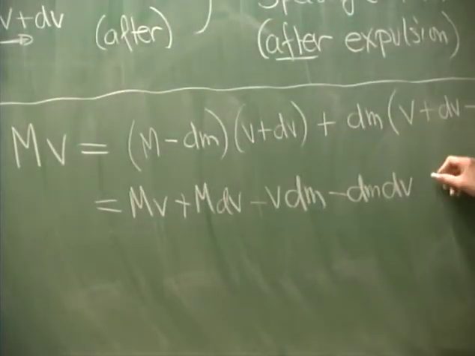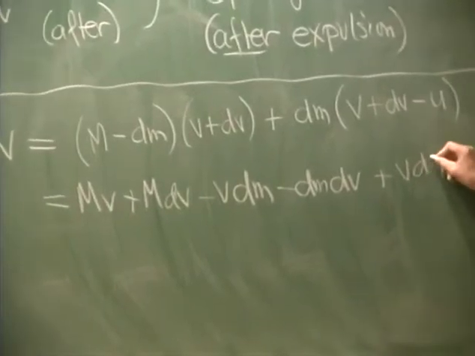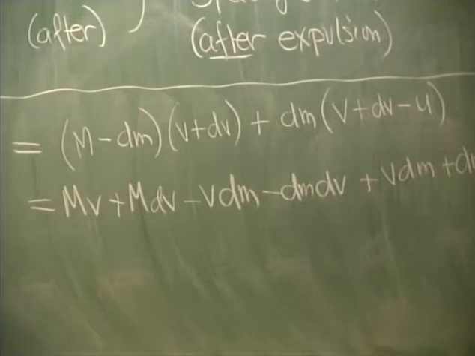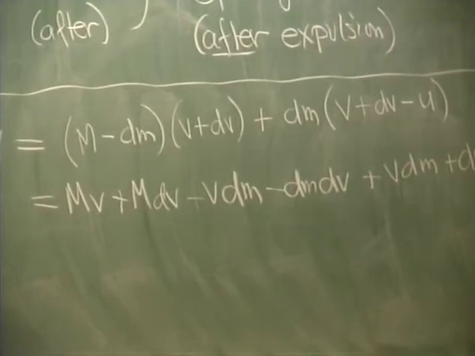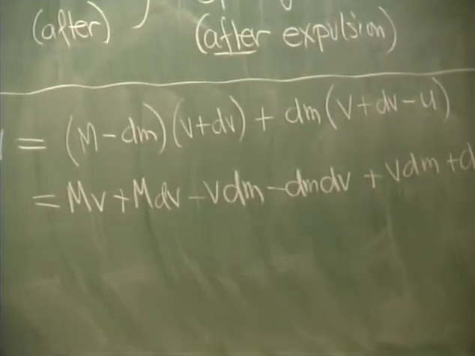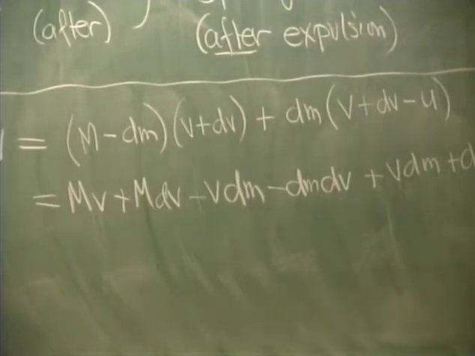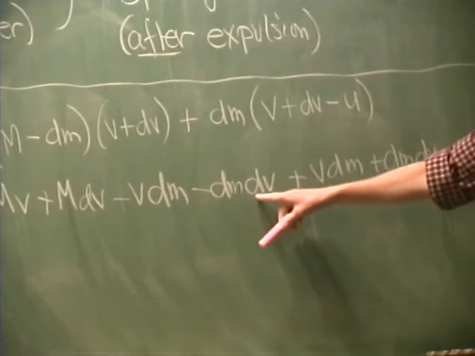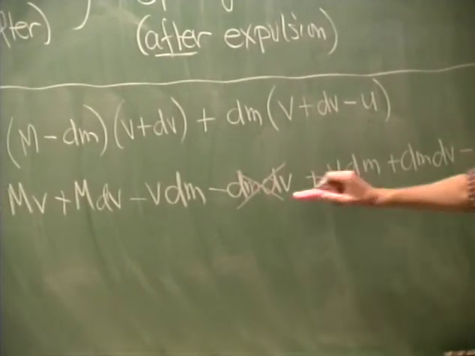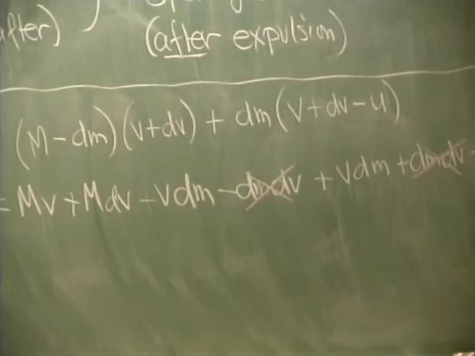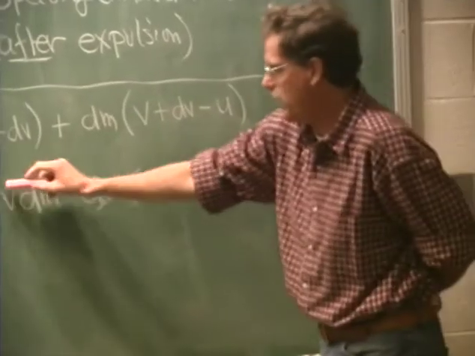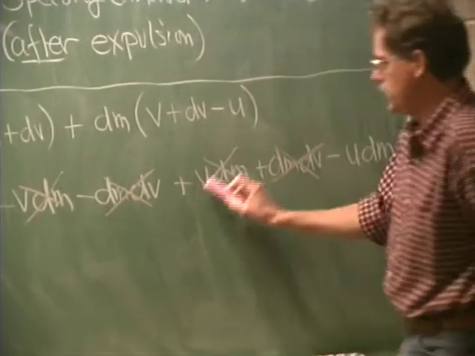Now I come to this one: plus v dm plus dm dv minus u dm. Now, with any luck, there are some cancellations. dm dv with a minus sign and with a plus sign. v dm, minus sign, plus sign.